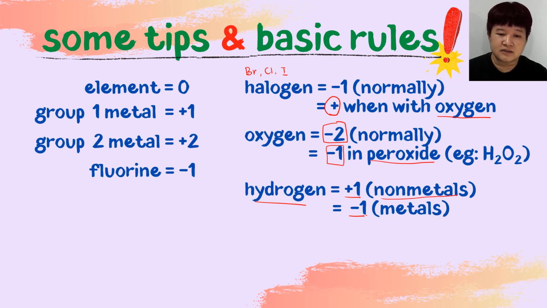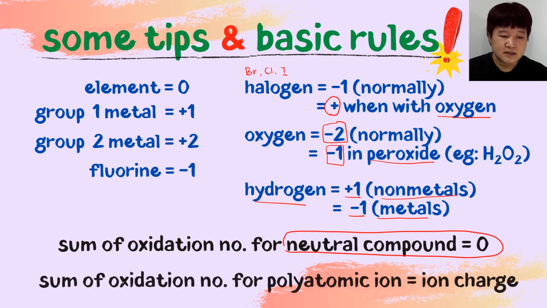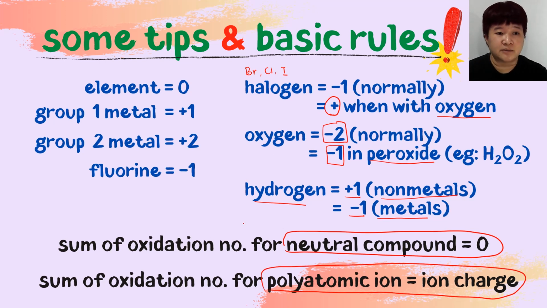If the hydrogen is with a metal, then the hydrogen will be -1. Another rule is that the sum of oxidation numbers for a neutral compound will be 0. Another one: the sum of oxidation numbers for a polyatomic ion will be the charge of the ion. Don't worry about this. I will show you an example for every single tip and rule.